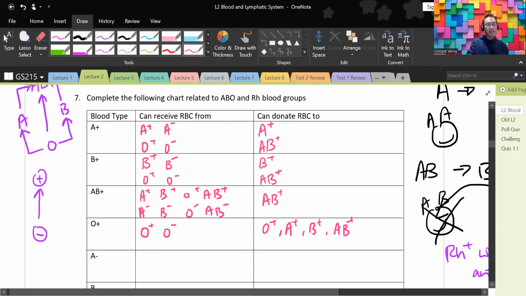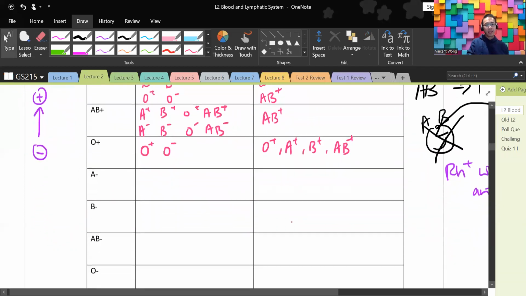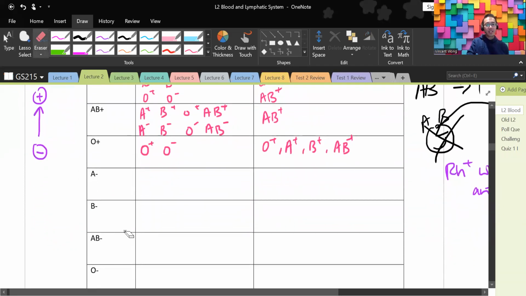Victoria wants AB negative. Sure. If you're AB negative, who can you receive from? Well, first of all, if you're AB, you can receive from all the blood groups, right? But you're negative. That limits you.